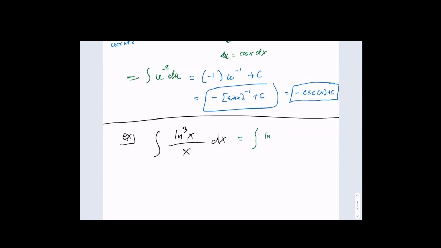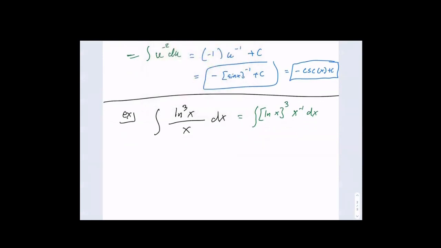Close. Would it be ln x to the power 3? Maybe. I need all of the same parentheses. There we go. Okay, so you just want to do that piece right there. And that's more so, like I said, so that we can really see what we need to do. And you need to realize just in terms of notation that natural log cubed x really means natural log of x, everything cubed. And then x to the negative 1 dx.